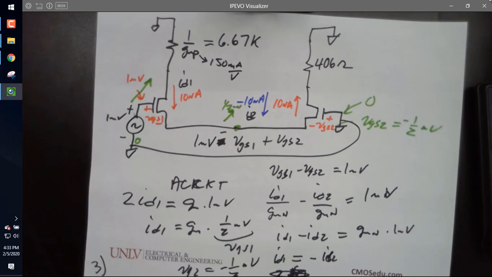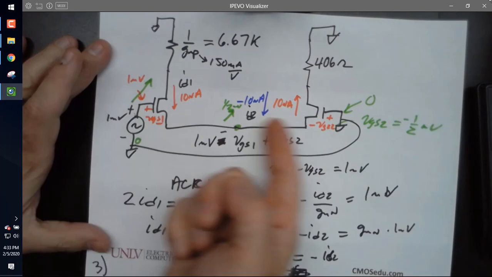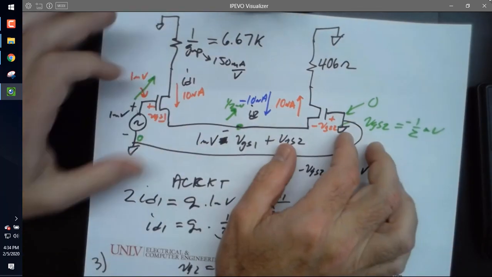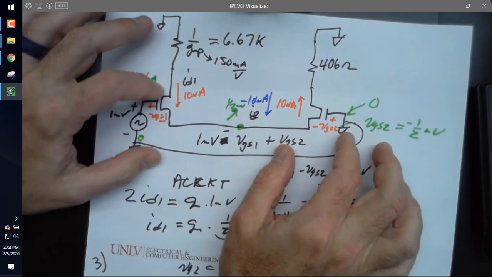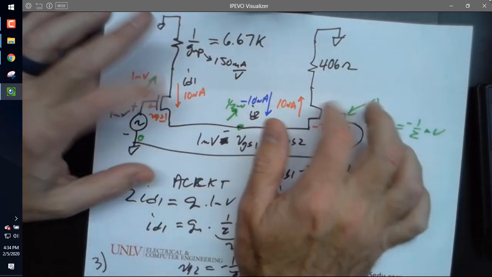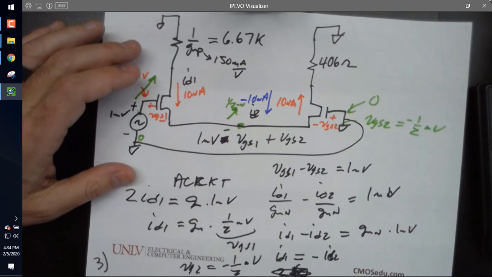Everybody see that? Now, when you do the sims, because I'm sure I assigned some homework on this, if you connect the body to the source, it'll be precise. But because the bodies are at ground, there's going to be slightly different voltages because the VGS is influenced slightly differently, but it'll be very close.